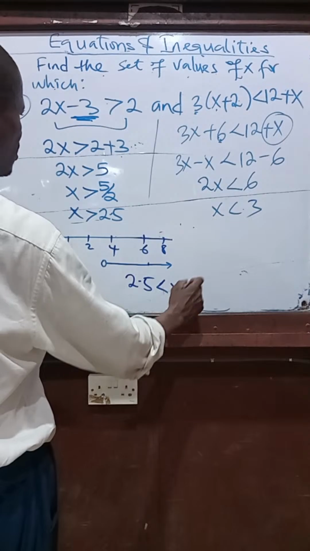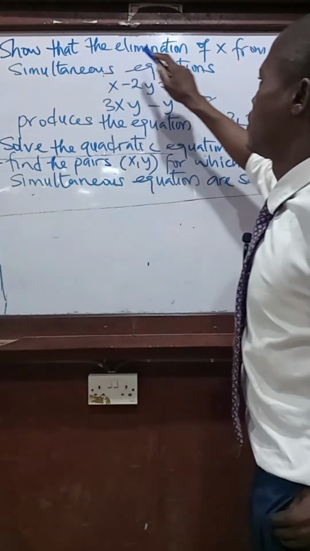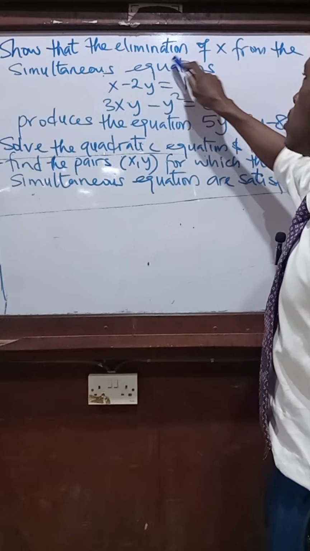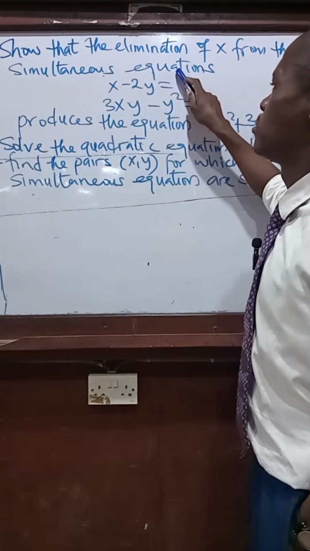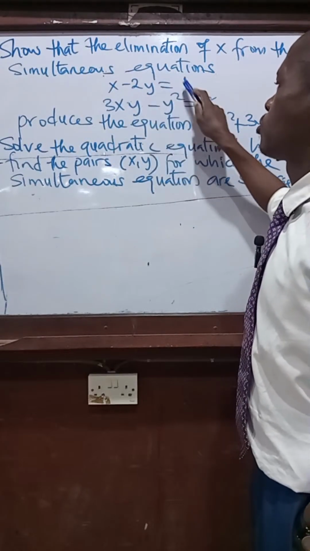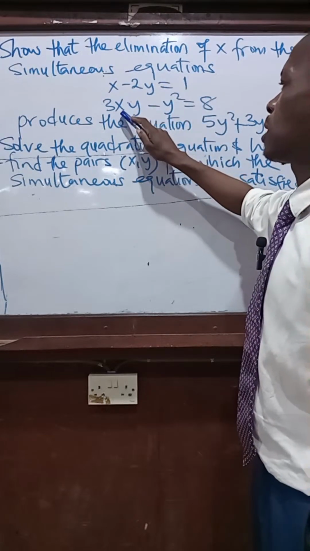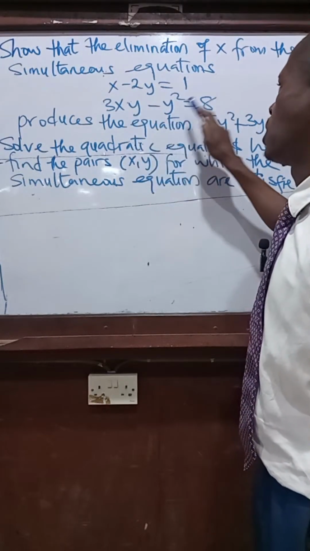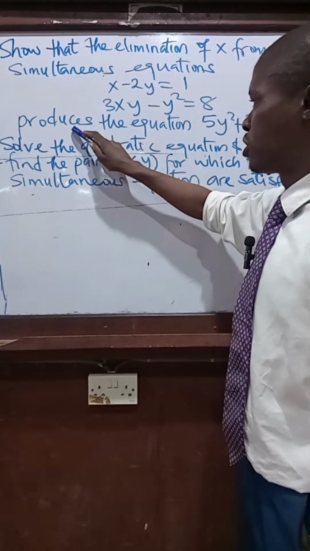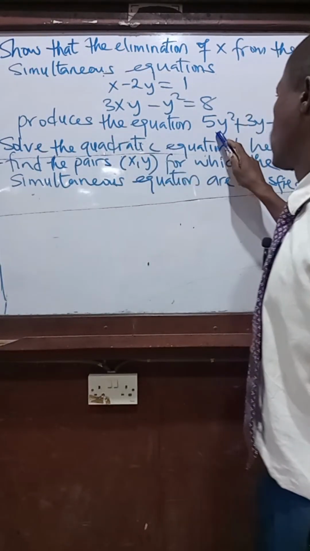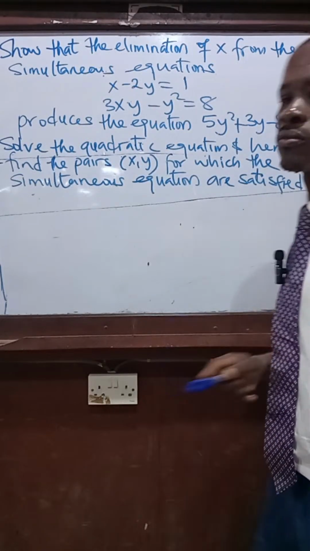Show that the elimination of x from these simultaneous equations, x minus 2y equal to 1, and the second equation, 3x times y minus y squared equal to 8, produces the equation 5y squared plus 3y minus 8 equal to 0.